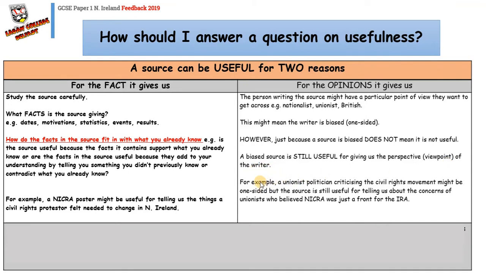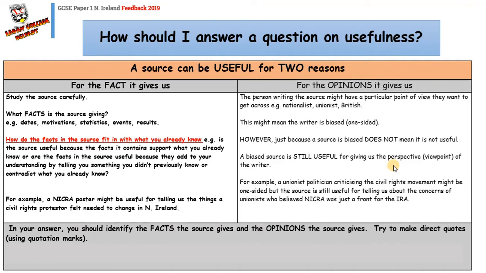For example, a unionist politician criticising the civil rights movement might be one-sided, but the source is still useful for telling us about the concerns of unionists, some of whom believed that NICRA was a front for the IRA. That gives us an insight into some unionist point of view. So bear that in mind. It's very easy to fall into the trap of saying that's biased or that's not useful because it's from one source. That's not the truth.